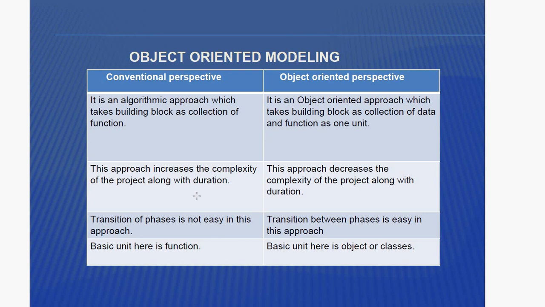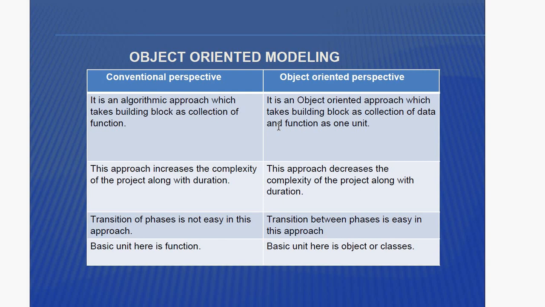Now, the next thing that we're going to discuss here is the difference between the conventional perspective and the object-oriented perspective. The conventional perspective that was initially being handled was the algorithmic approach that took the building block as a collection of functions.